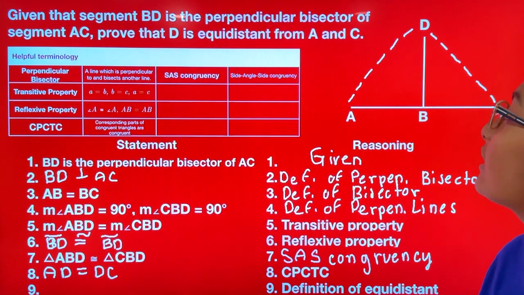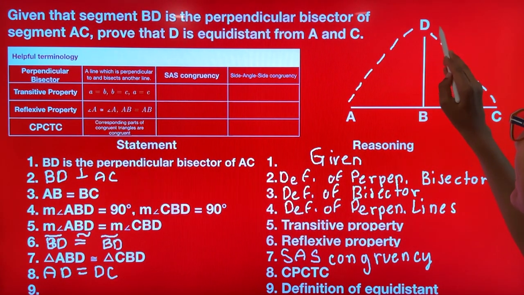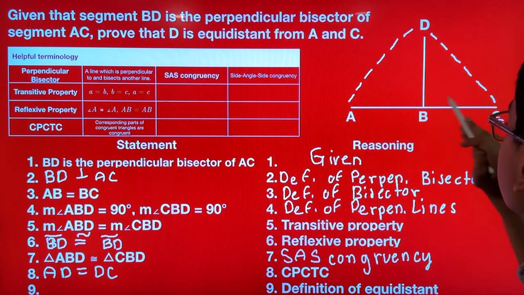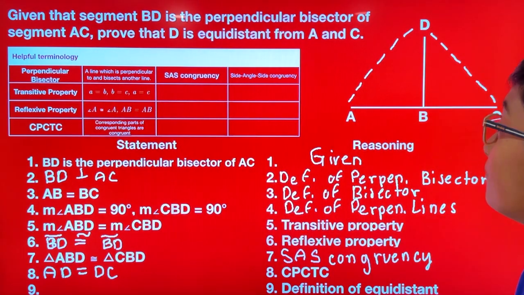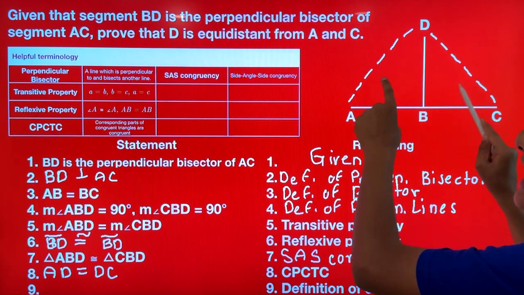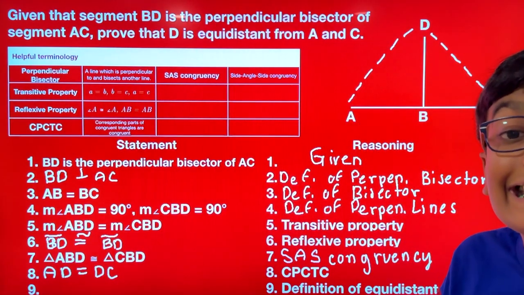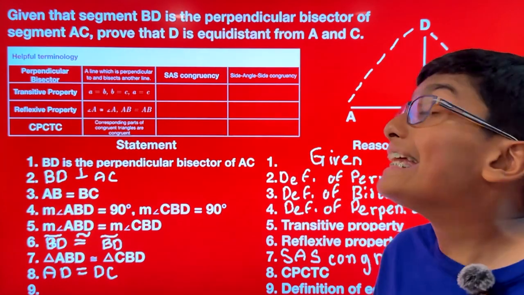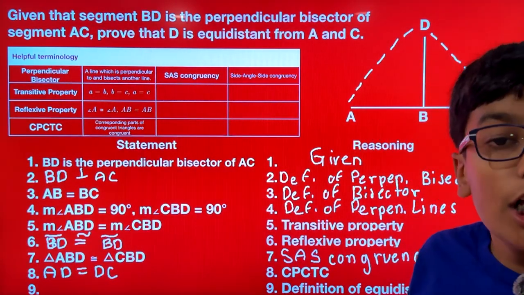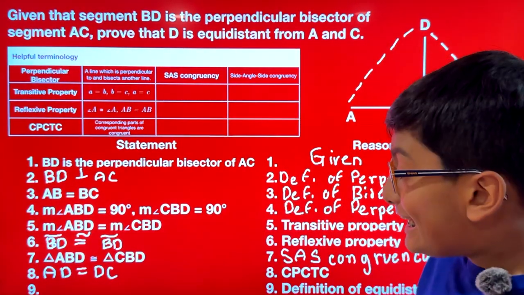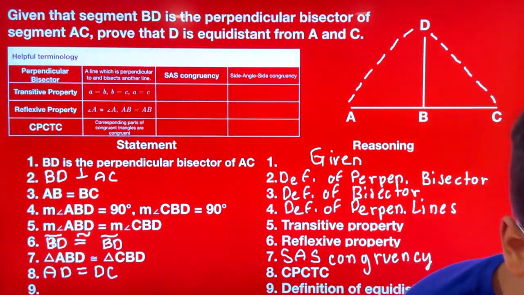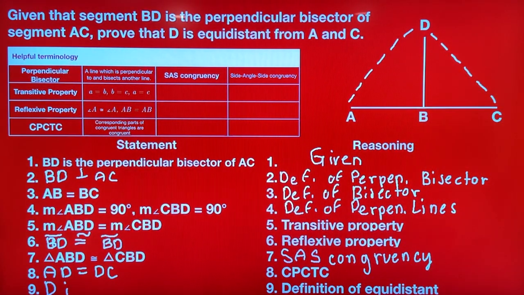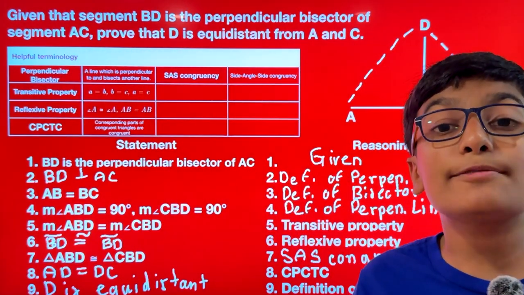And then finally, we can conclude that D is equidistant from A and from C because if both of these segments are the same length, then that does indeed mean, by definition, that D is equidistant from A and C. So, that's what the ninth statement down here would be. And the proof has been completed.